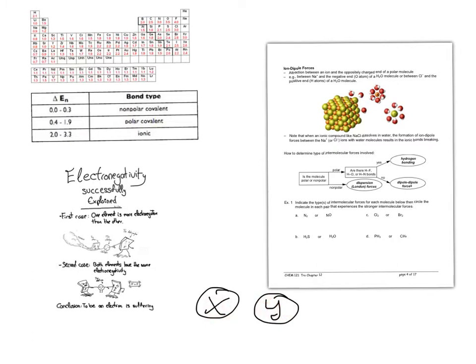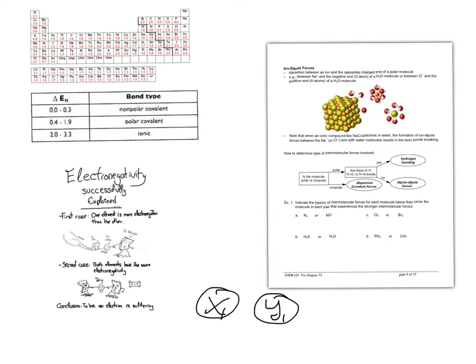In fact, let me write X sub 1 and Y sub 1, so we don't make a mistake in thinking that those are elements. Any two elements on the periodic table that are bonding in some way, nonpolar, polar, or ionic, we can determine what type of bond by subtracting their two electronegativities.